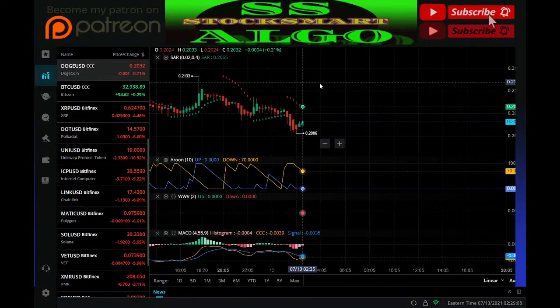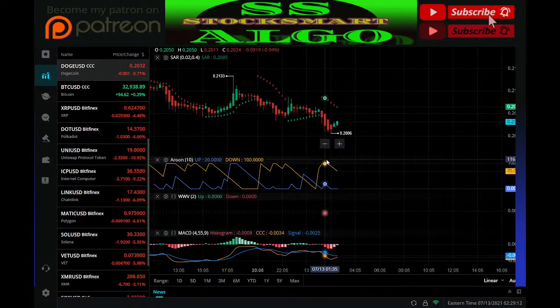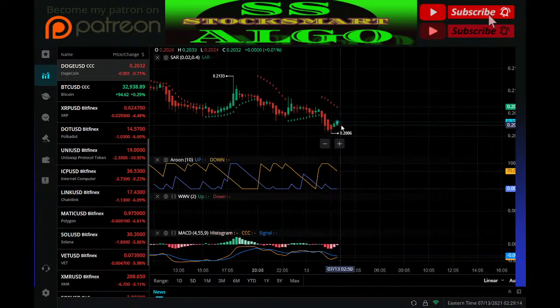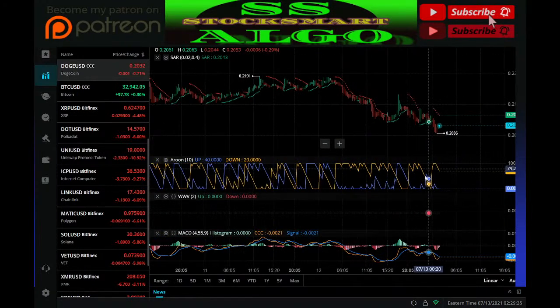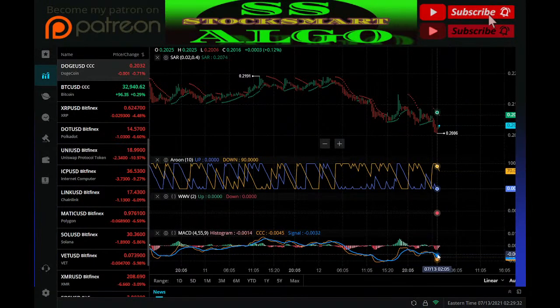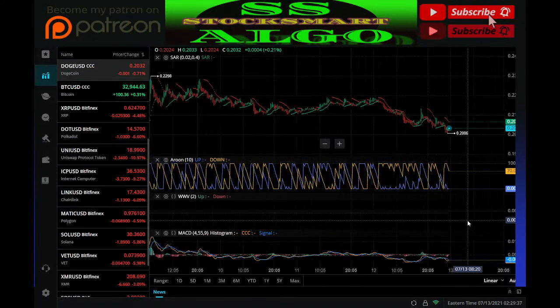But as Doge continues to come down, we're going to get these little pops and drops. So we're going to have this little rise in price here. Short term. Okay. Yeah, we'll get a little bit of a pop here. It looks like it's ready to start heading that way for the next trend.